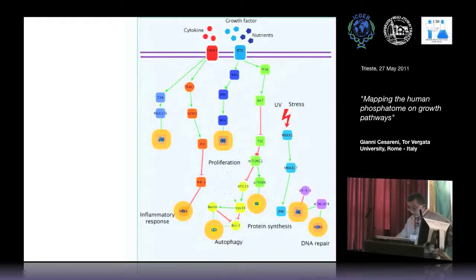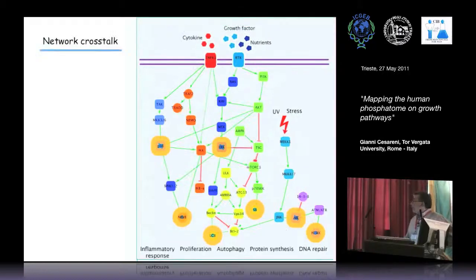And actually, as we all know, pathways talk to each other. This is a crosstalk. And then it's possible that by affecting one single node, you actually affect multiple readouts in our screening. So how can we approach this?